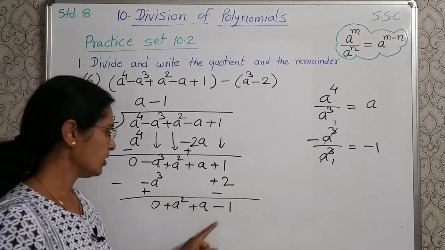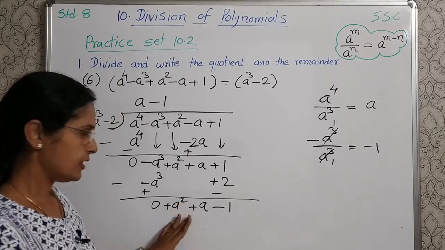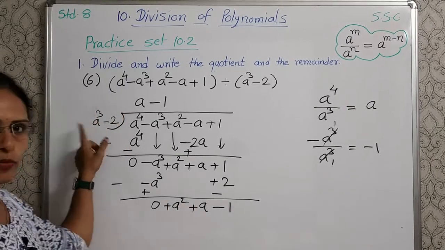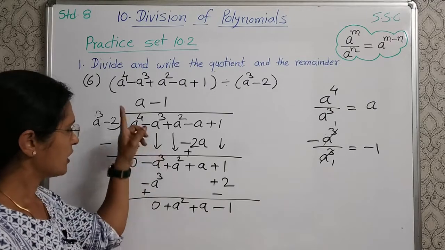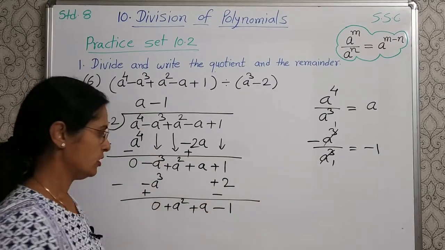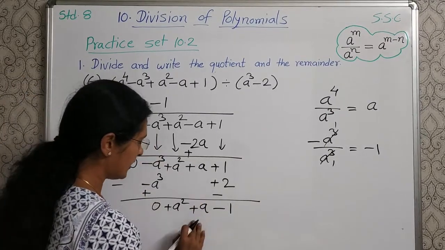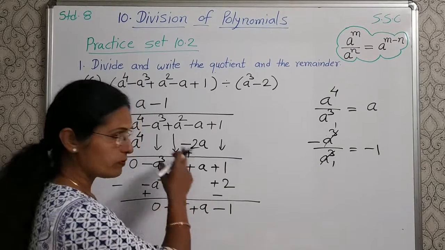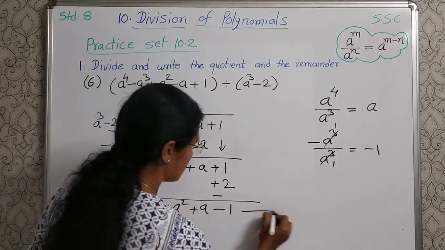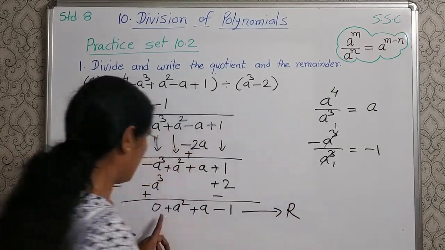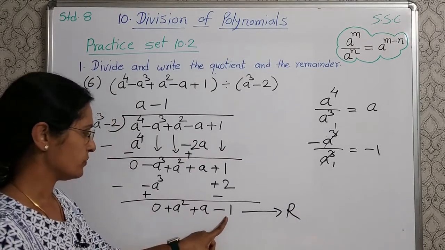It means the degree of the remainder is less than the degree of the divisor. So we can't divide it further. So we will stop here. This is the end of this division. So this is the remainder, a square plus a minus 1.